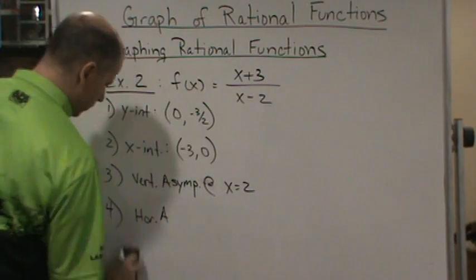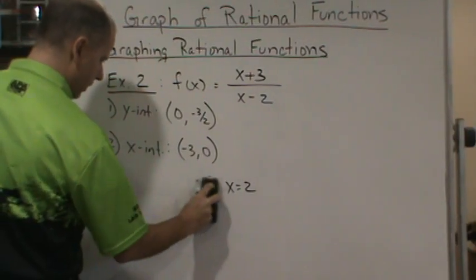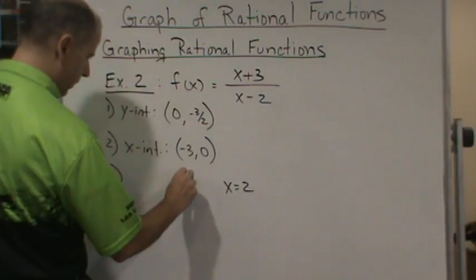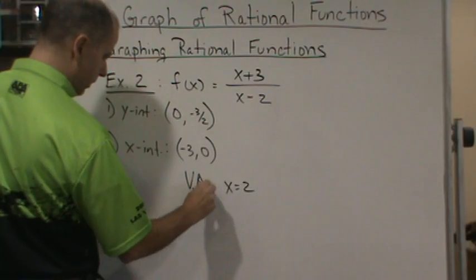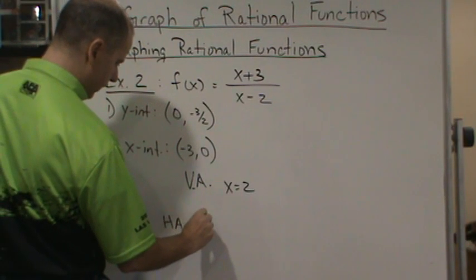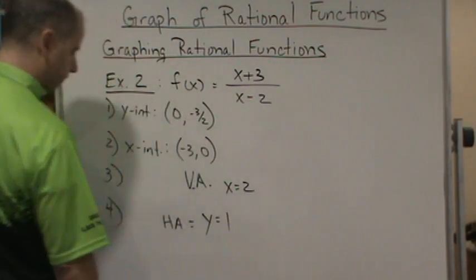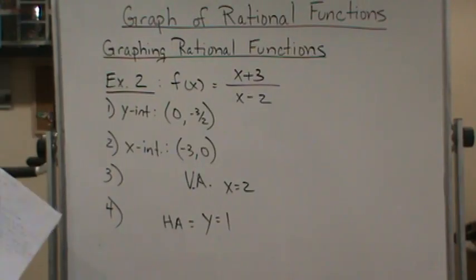We'll just abbreviate this VA and HA. So HA is going to be y equals 1. It's where the horizontal asymptote is located.